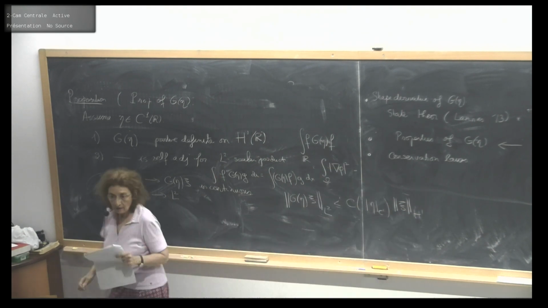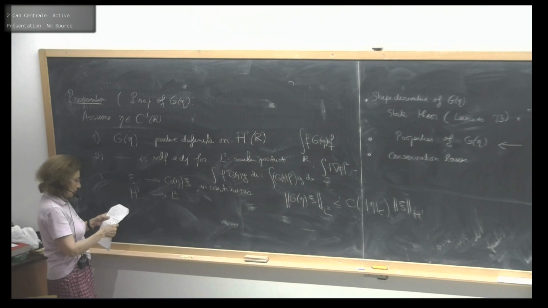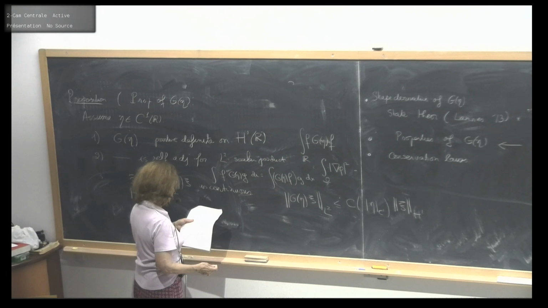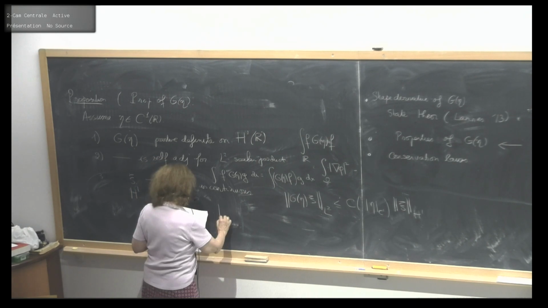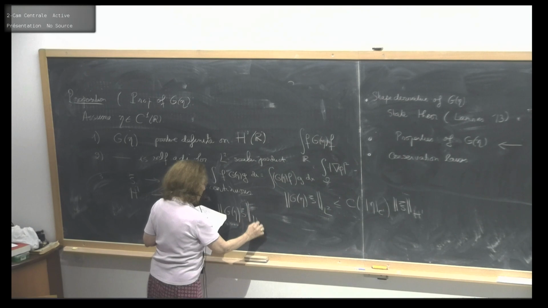And in fact, more generally, we have it for higher Sobolev norms in H^k, that G(eta) psi is in H^k.